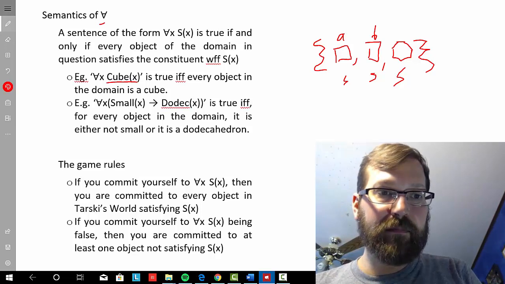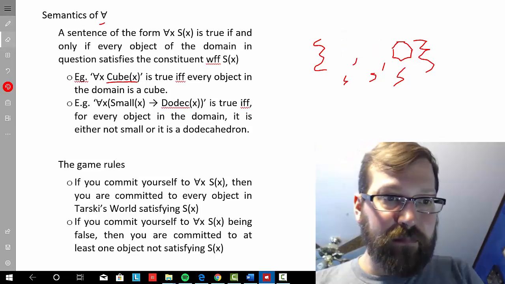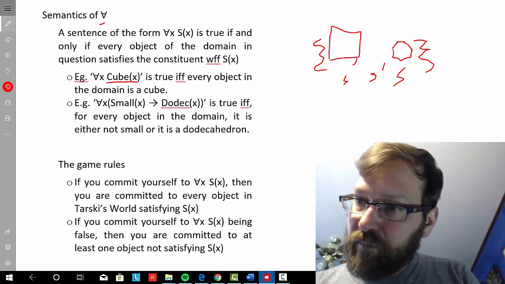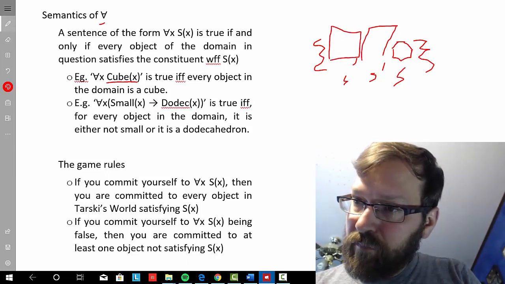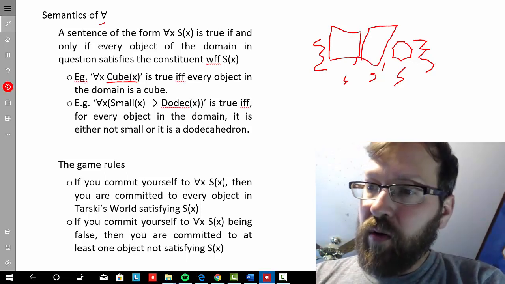However, let's say those two cubes were large.